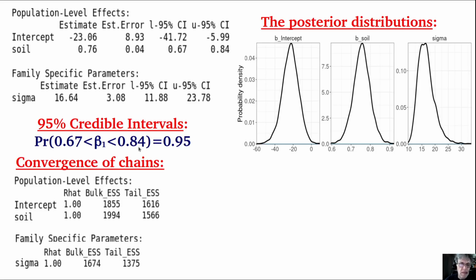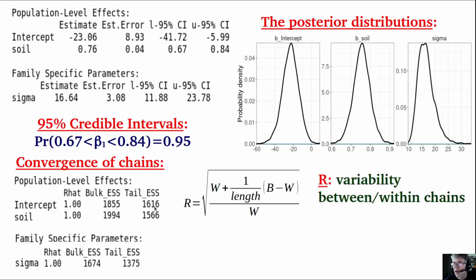Now let's look first at this R hat. This R hat is a ratio, without entering into the details of the formula, a measurement of the variability between and within chains. So if the R hat value is close to 1, this means that the chains have converged to the same common stationary distribution.